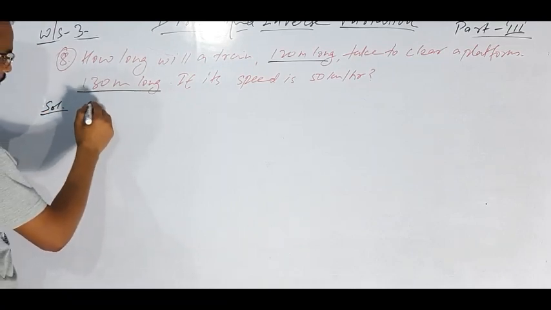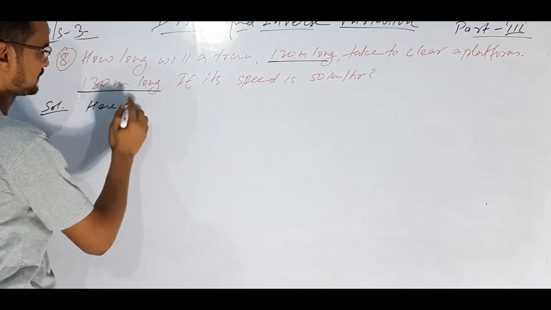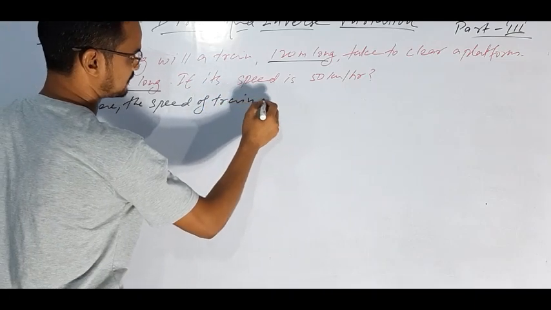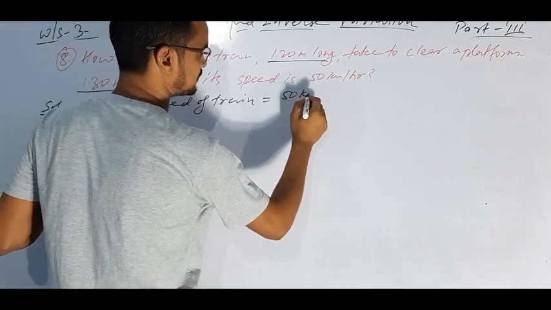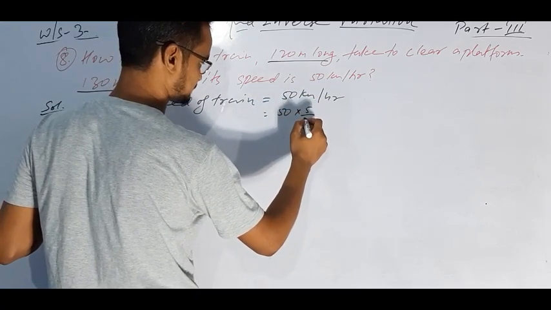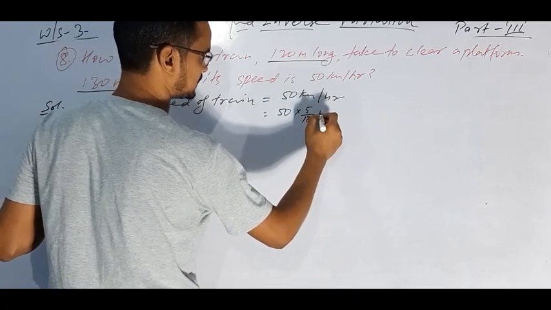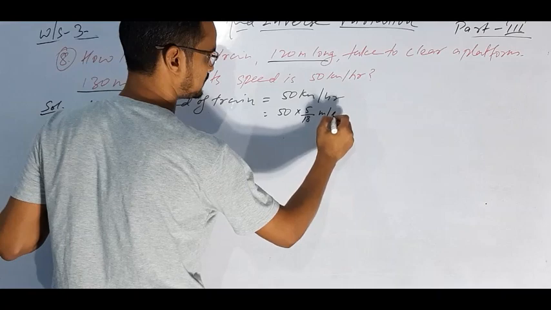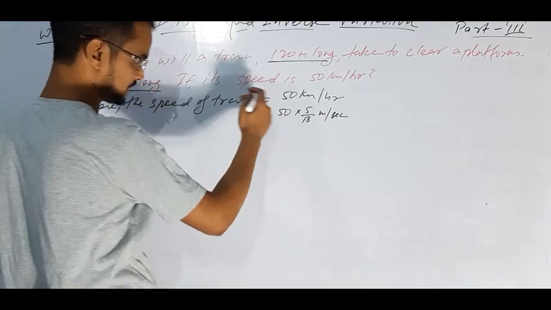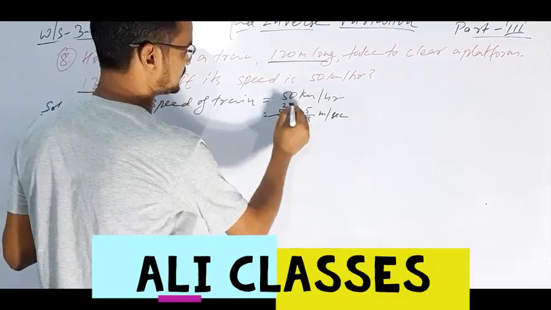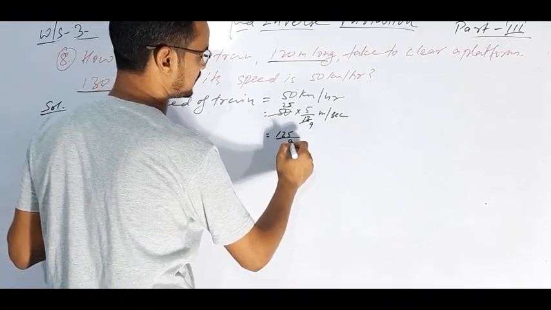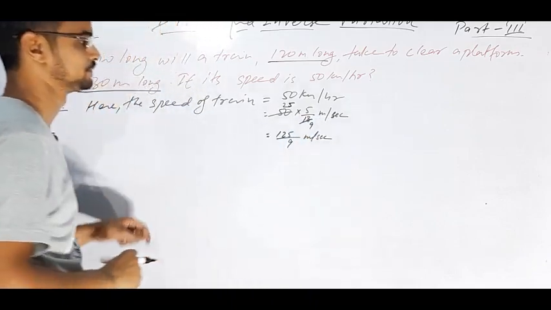Solution: here the speed of the train is 50 km per hour. Convert it into meter per second by multiplying by 5 by 18 meter per second. Cancel it by 2: 2 25s are 50 and 2 9s are 18. This will become 125 by 9 meter per second. Is it clear?